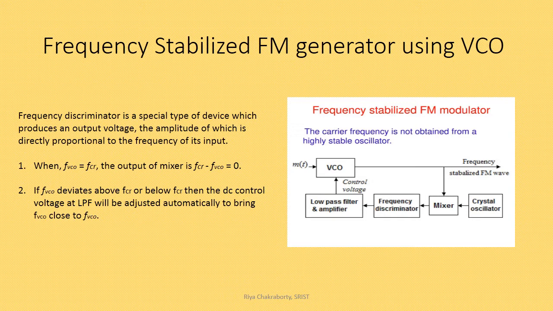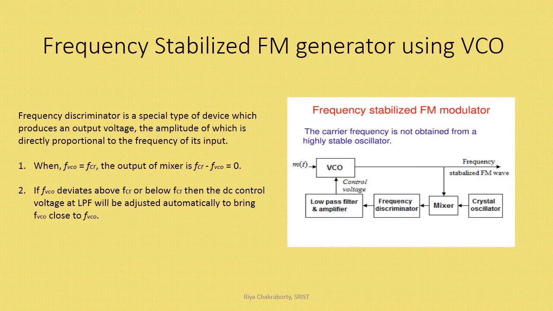Then this mixer output is applied to a frequency discriminator and a low pass filter. So the question is, what is a frequency discriminator? This is a special type of device which produces an output voltage, the amplitude of which is directly proportional to the frequency of its input.